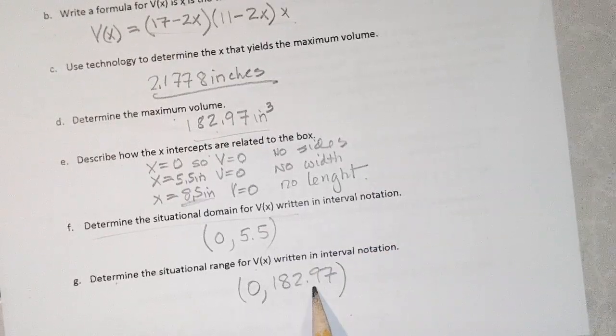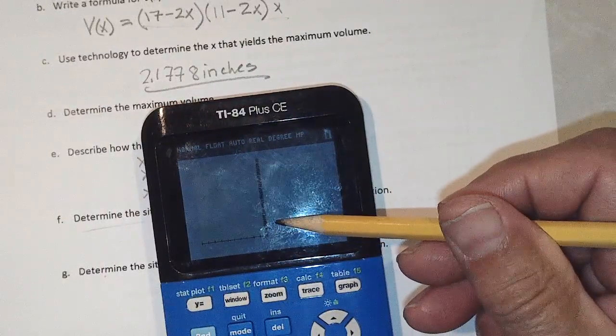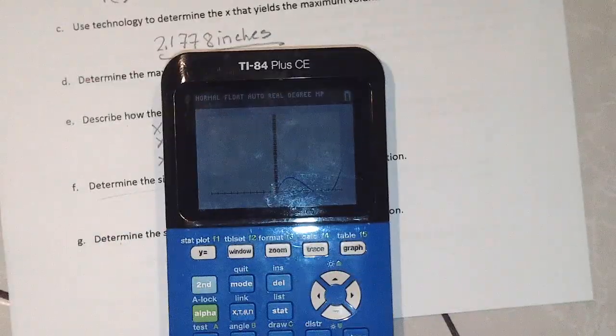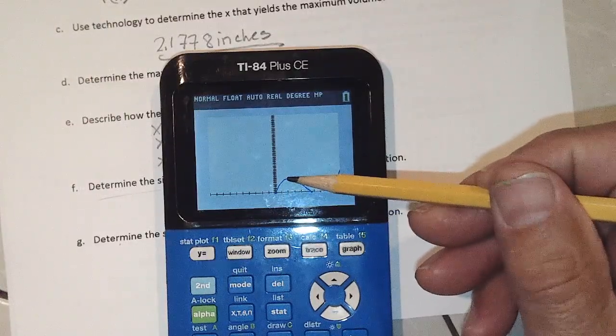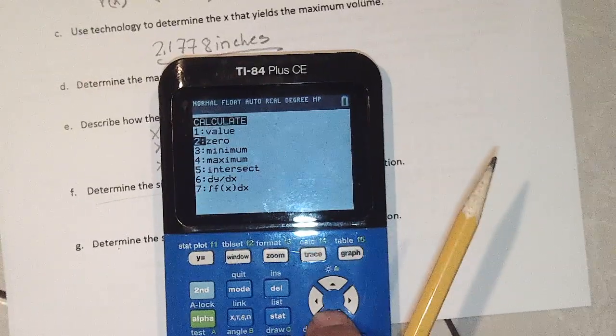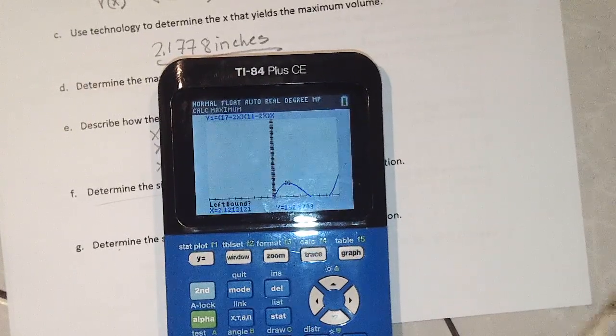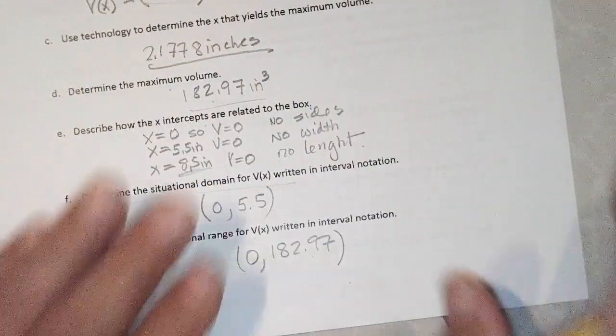So that's the range interval from the x-axis up. From the x-axis up, that's how high it got to. Remember, we calculated the maximum, and we got 182.87, okay? All right.